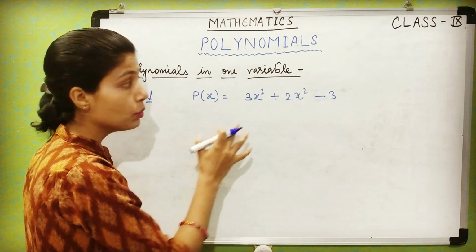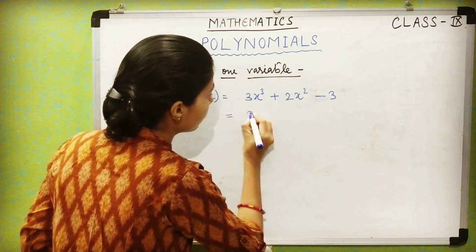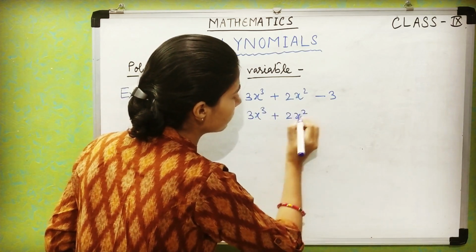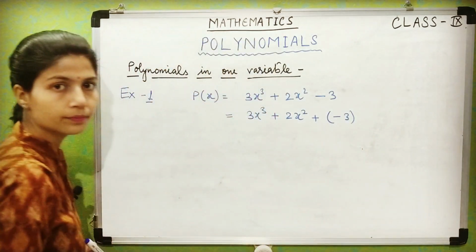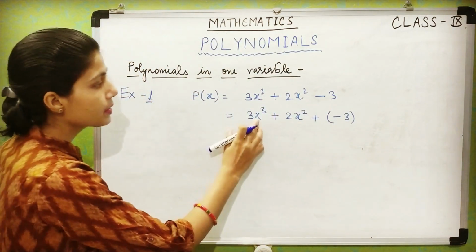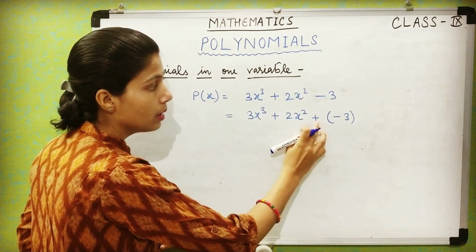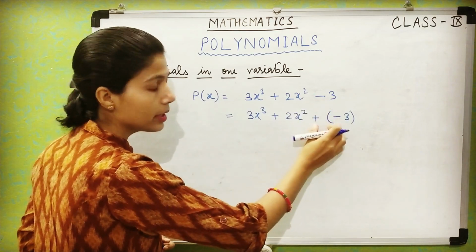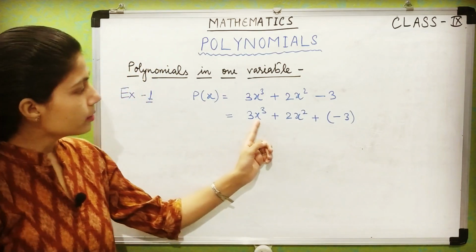So first we have to make it in standard form. How? 3x cube plus 2x square plus minus 3. We can write it like this, because after opening this bracket, plus multiplied by minus gives a minus. Now see, there are 3 terms.